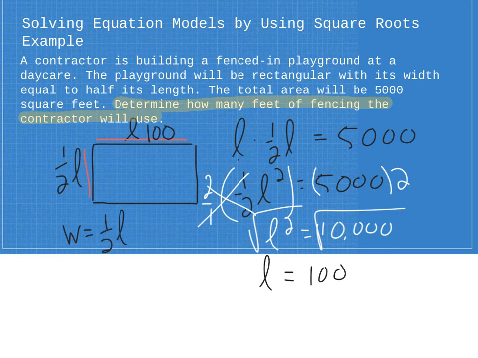That means our width is going to be half of that, which is going to be 50. And so total we have the opposite sides. So when we add up that amount, which is essentially your perimeter, we get 100 plus 50 plus 100 plus 50 is going to be 300 feet of fence.